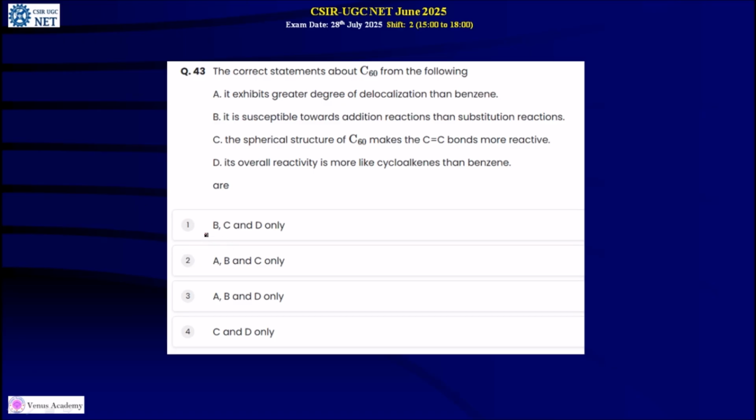B, C and D are correct statements, students. So option number 1 is the correct option, students.